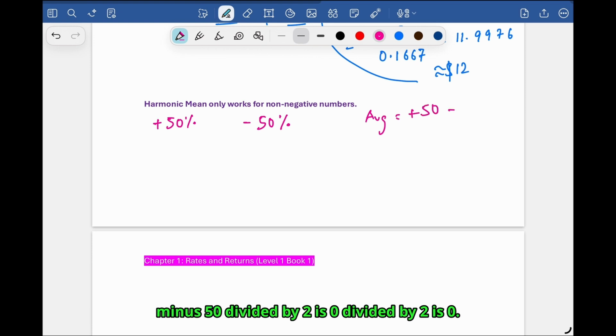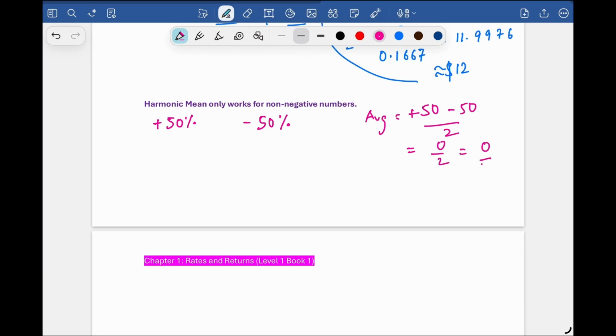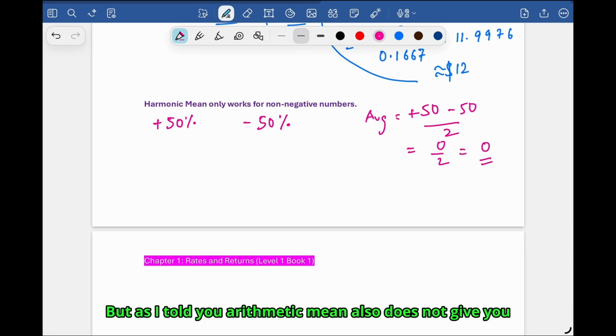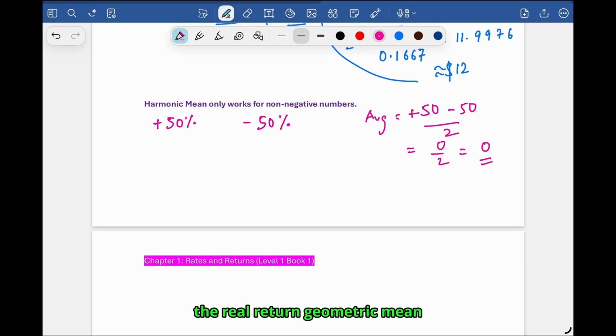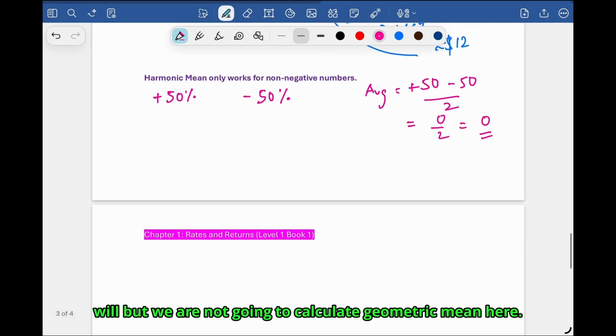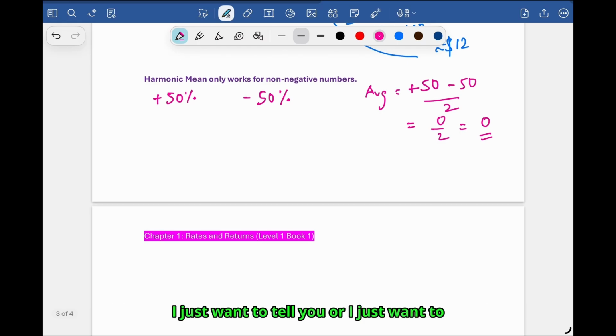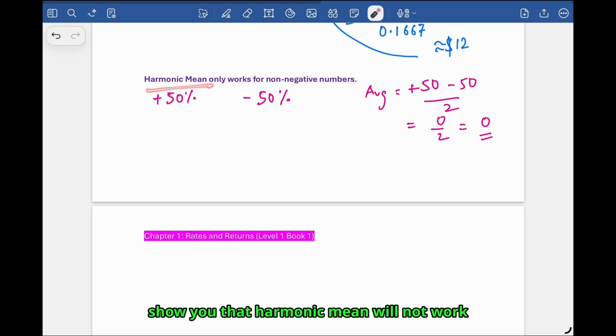Plus 50 minus 50 divided by 2, so 0 divided by 2 is 0. But as I told you, arithmetic mean also does not give you the real return. Geometric mean will, but we're not going to calculate geometric mean here. I just want to show you that harmonic mean will not work on negative numbers, right?